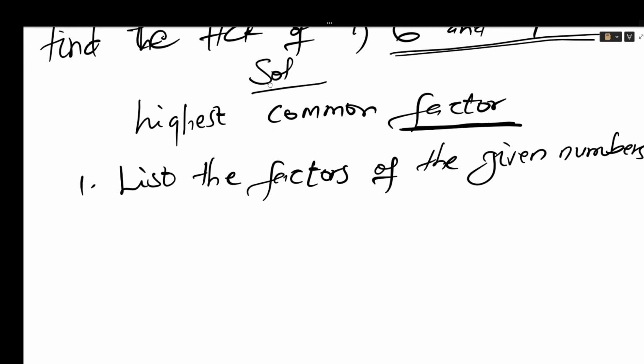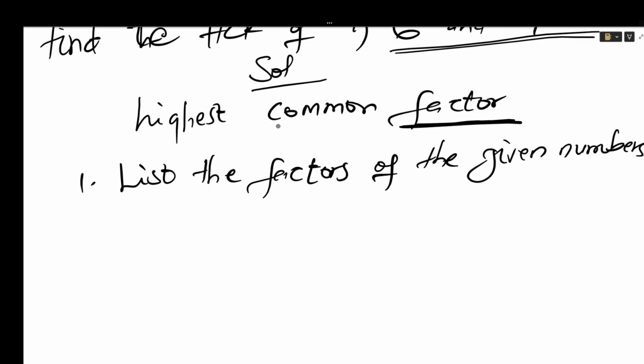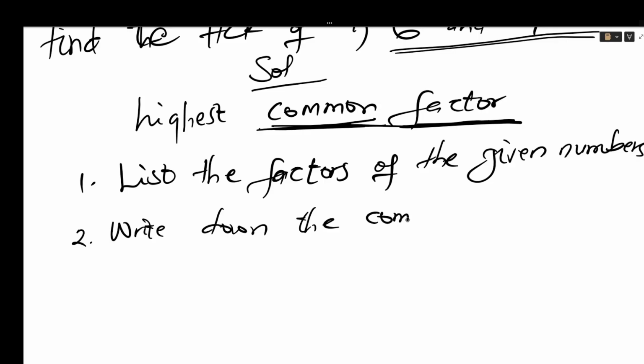Now looking at it again, we have common. If I add common to the factor, we are looking at the common factors from what we listed. So we write down the common factors. When I say common factors, I mean numbers that you can find in both lists.